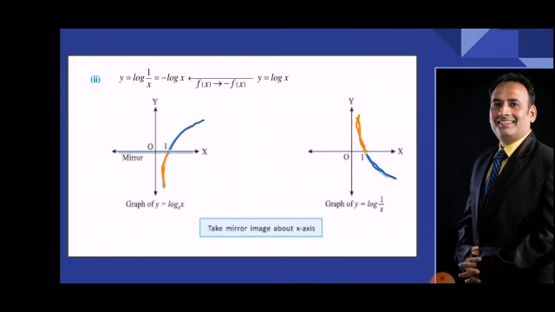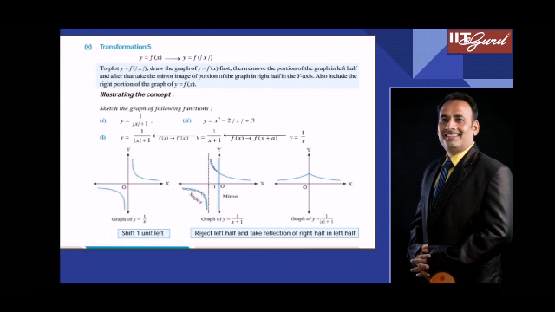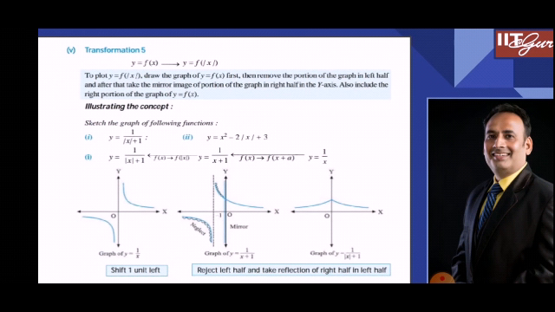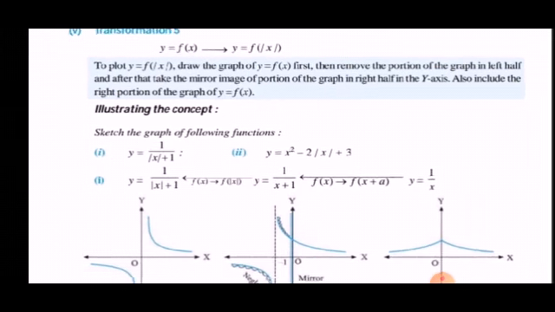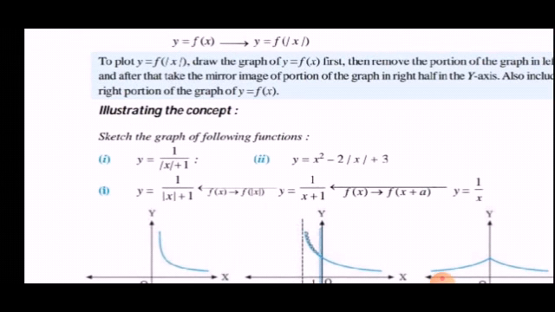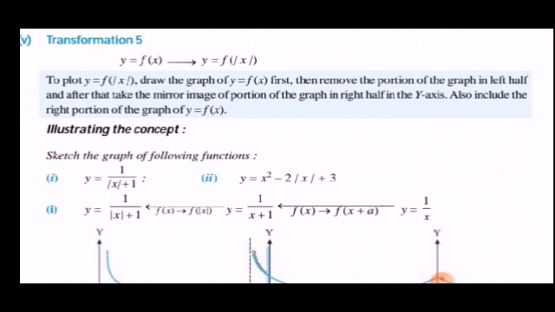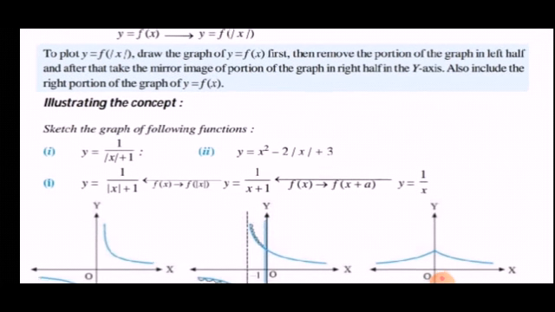So let's take another transformation, what we call the fifth transformation. In the fifth transformation, we have to learn about y equal to f of mod x, how to draw the graph of f of mod x. Let's understand what the f of mod x graph is. In step 1 you have to draw y equal to f(x), and then draw the graph and take the mirror image.